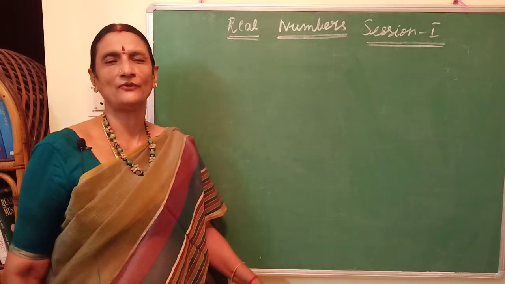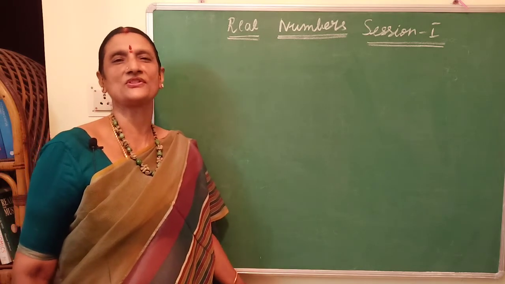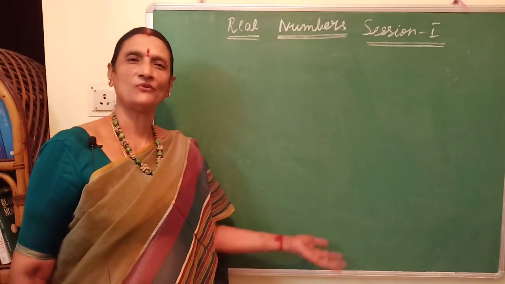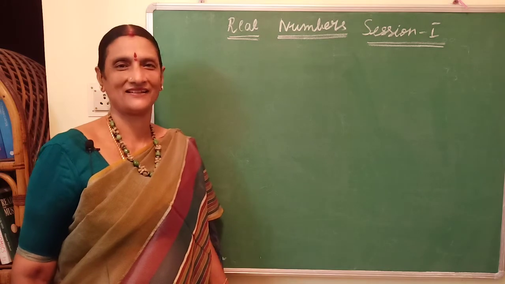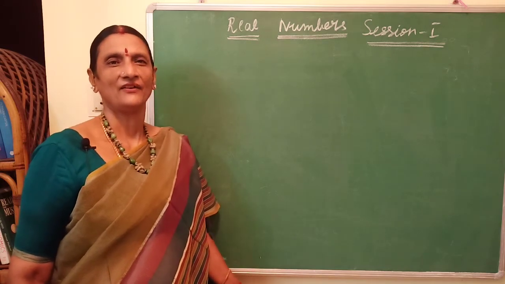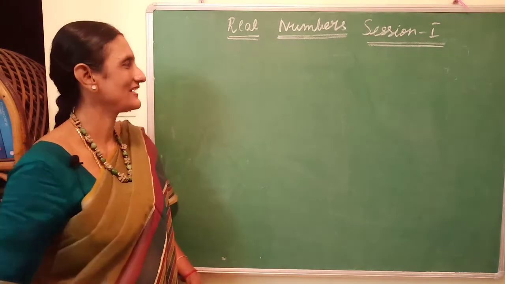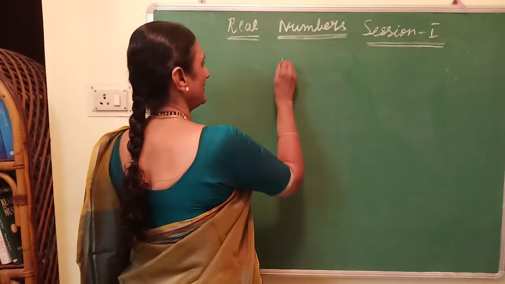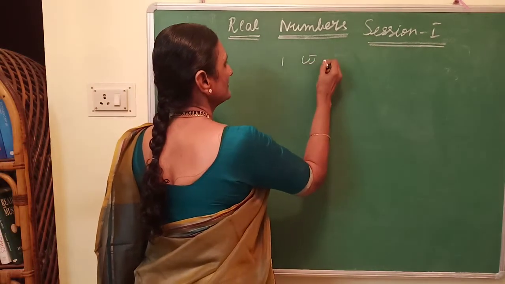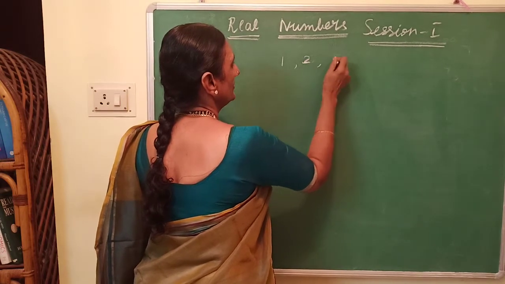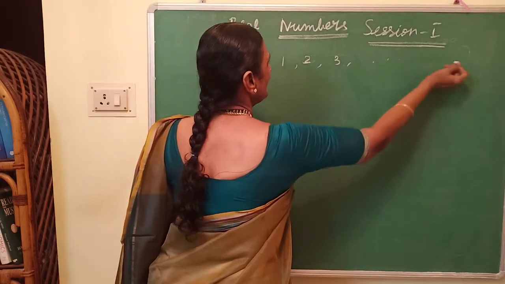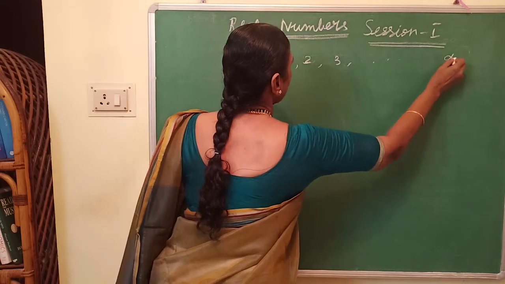So earlier, when you were first introduced to numbers in school, we always learnt about natural numbers, isn't it? We say that the numbers 1, 2, 3, etc. go up to endless, maybe infinity.